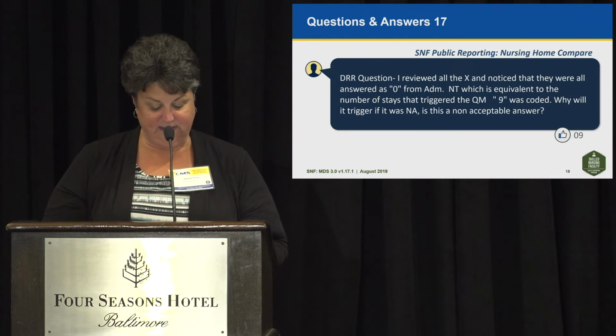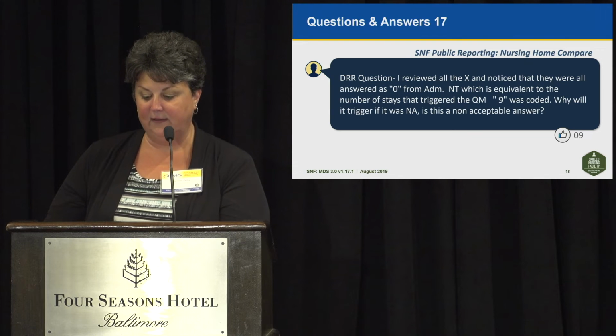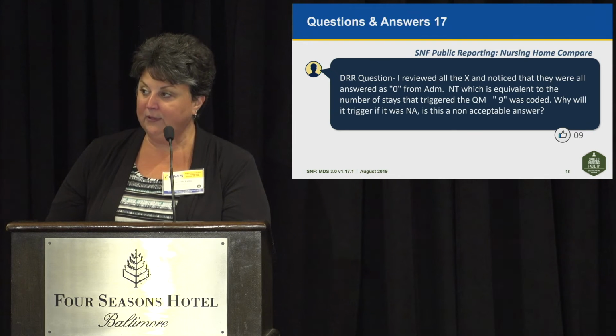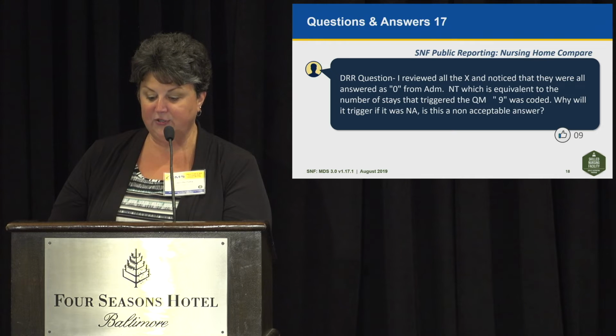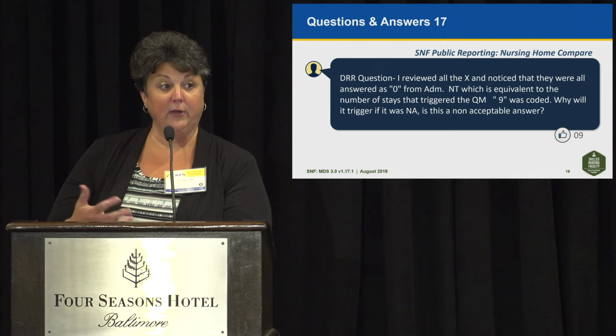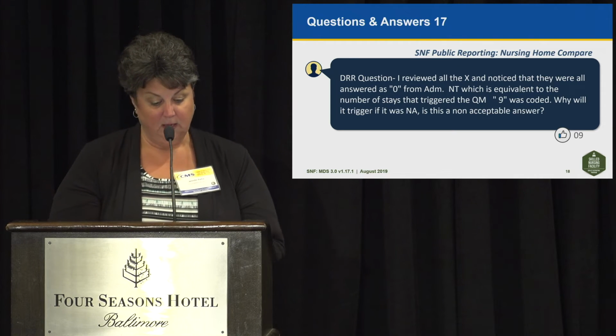Additionally, if a dash is entered for any of these 3 data elements, the resident will not be included in the numerator. So if you put a dash, then that's counted against you, right? You want them in that numerator.